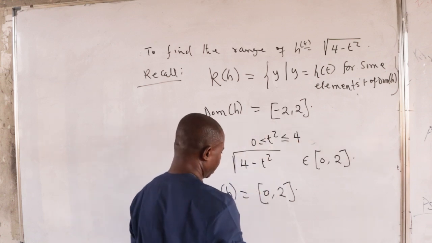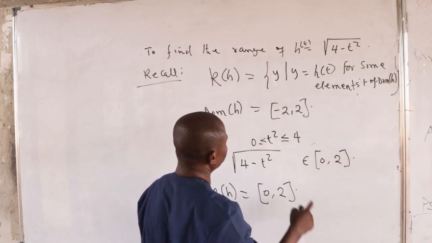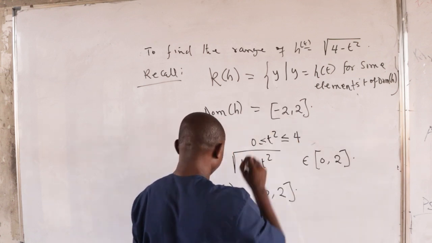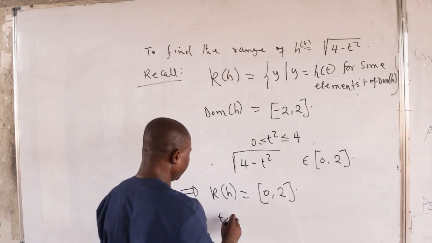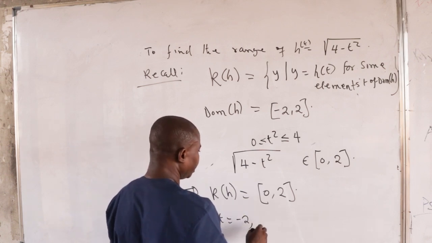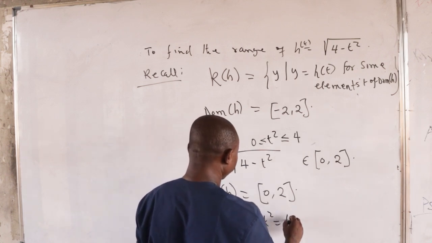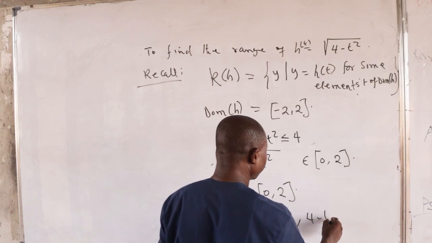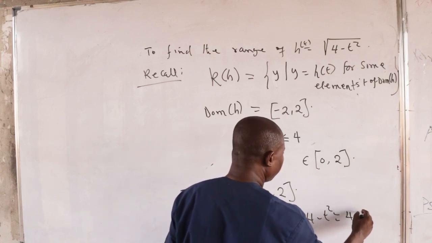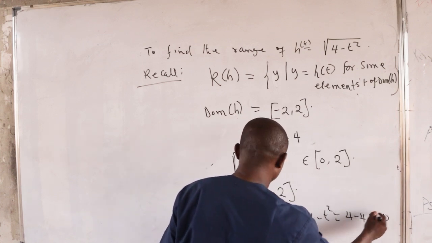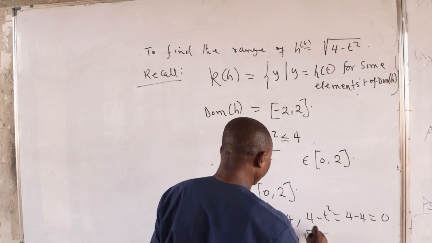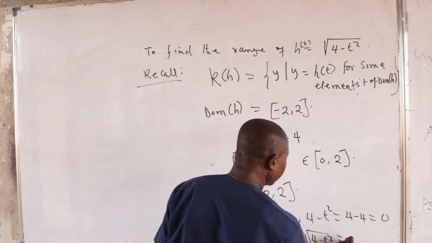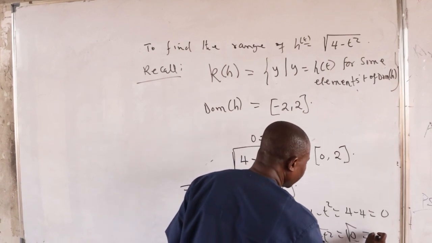For example, if you take t to be -2, then t squared is 4, so 4 minus t squared is 4 minus 4, which is 0. And that means the square root of 4 minus t squared is the square root of 0, which is 0.